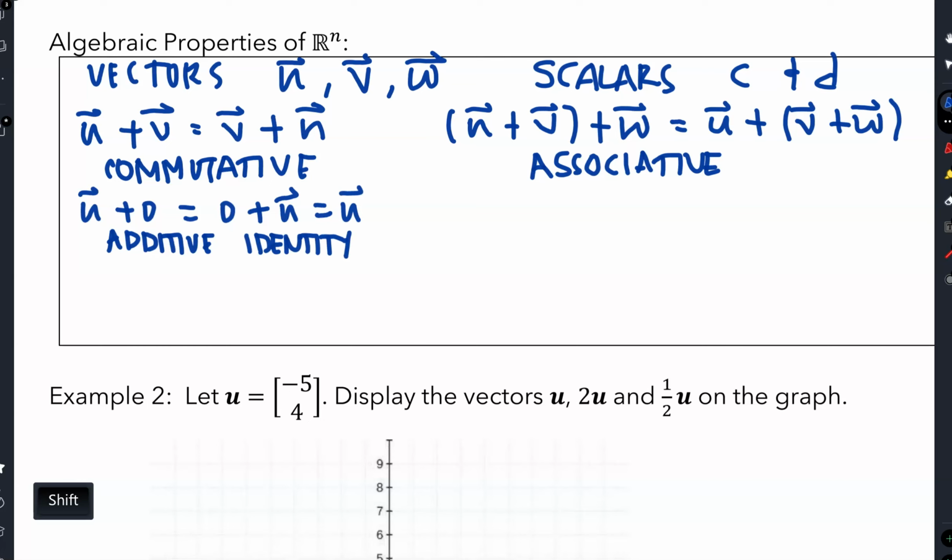Our inverse: if I take u and add to it negative u, that's the same thing as negative u plus u, and that does give me 0, so that's our inverse operation there.